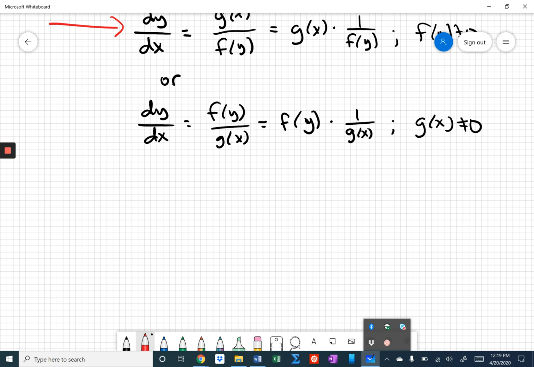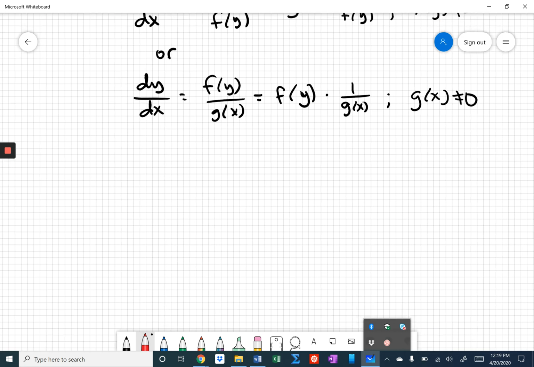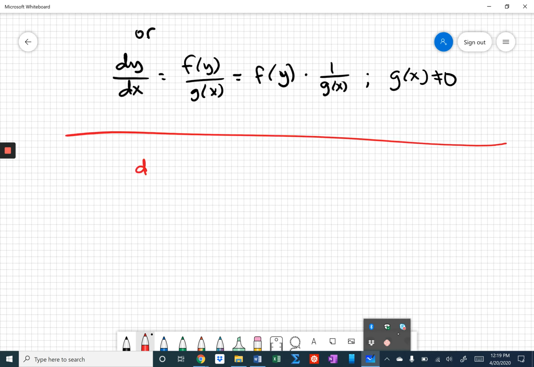So if I had the differential equation dy over dx is equal to g of x divided by f of y, then the process of separable differential equations is this. We're going to get everything that involves y to one side of the equal sign, and everything that involves x to the other side of the equal sign, and then we'll work on taking antiderivatives from there.